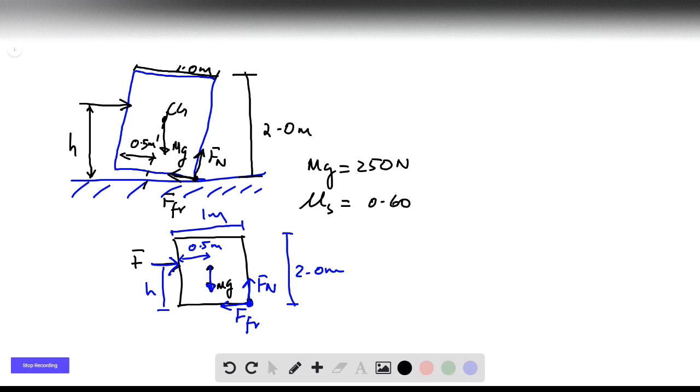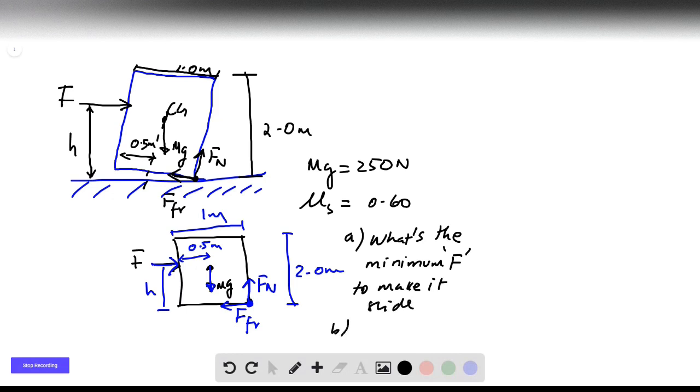So in part A, what's the minimum force F required to make it slide?